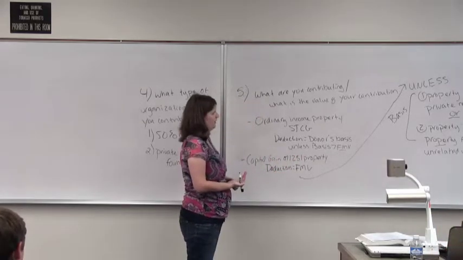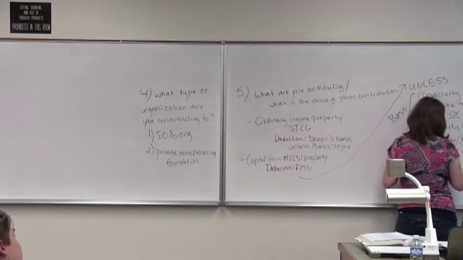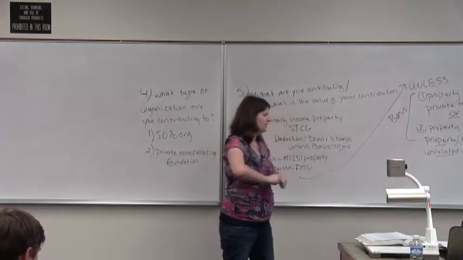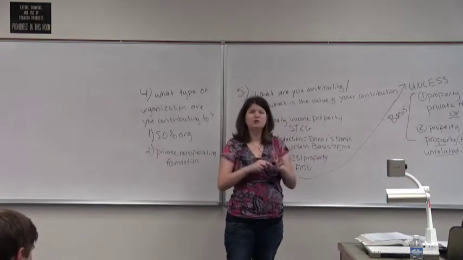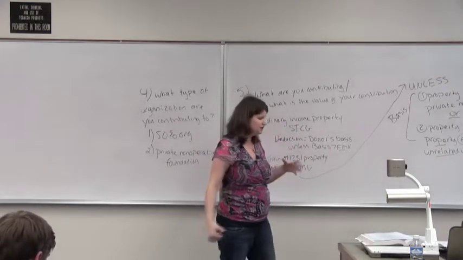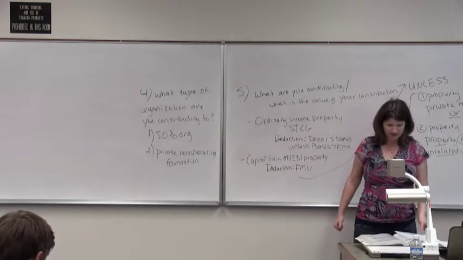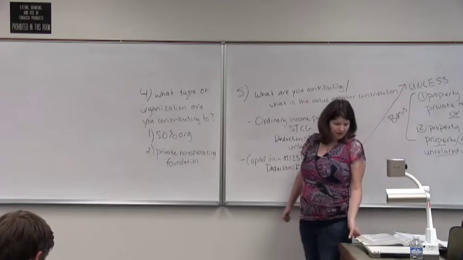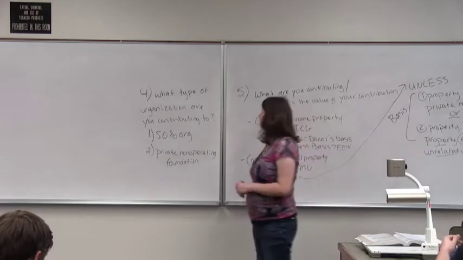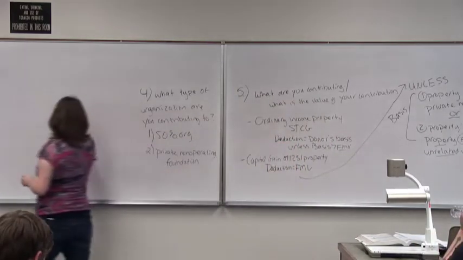The second component is that it has to be put to an unrelated use by the organization, so a use that is not associated with their exempt purpose. There's an example in the book, example 30. Emma contributes a Picasso painting for which she paid $20,000.